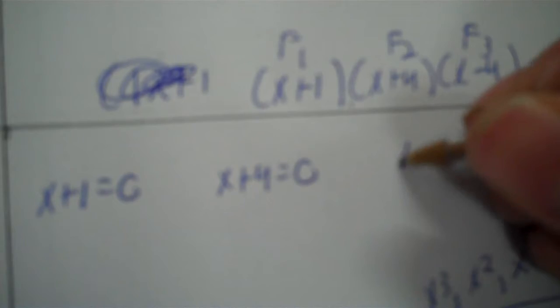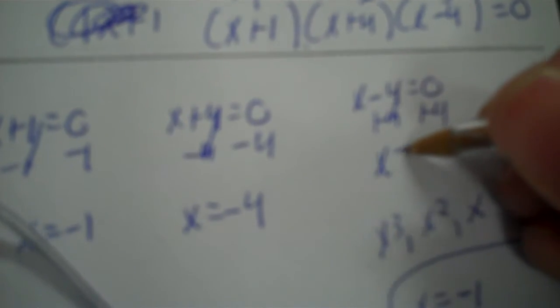Now you got f1, f2, f3. So x plus 1 could equal 0, x plus 4 could equal 0, x minus 4 could equal 0. So you minus 1 and you get negative 1. Minus 4, you get negative 4. Plus 4, you get positive 4.